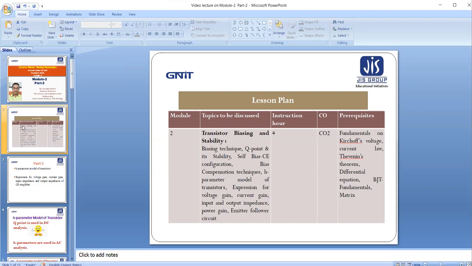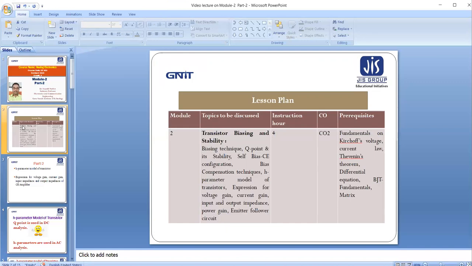The topics to be discussed are transistor biasing and stability, within which the subtopics included are biasing technique, Q point and its stability, self-bias, CE configuration, bias compensation techniques, H parameter model of transistors, expression of voltage gain, current gain, input and output impedance, power gain, emitter follower circuit.